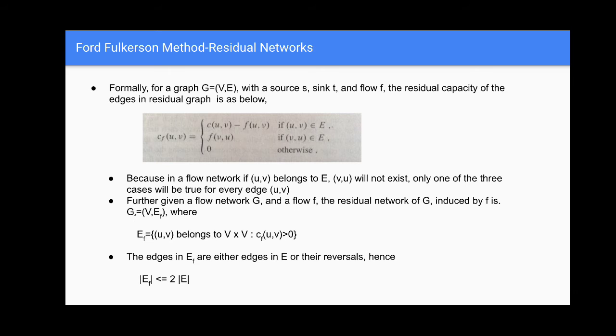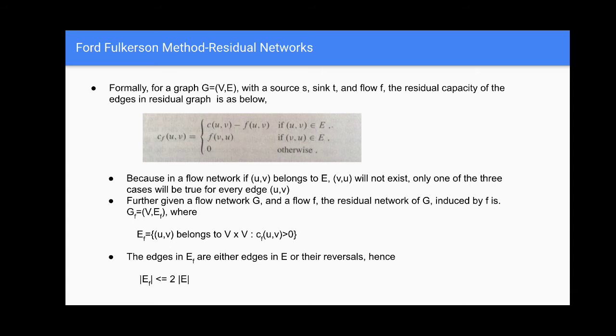Formally, we define the residual network capacity as follows. For a given graph G = (V, E), with a source s and a sink t and a flow f, the residual capacity of edges in the residual network graph is as below. cf(u,v) is c(u,v) - f(u,v) if the edge (u,v) exists in the flow network E. cf(u,v) is equal to f(v,u) if the edge (v,u) exists in E, and it is 0 otherwise.